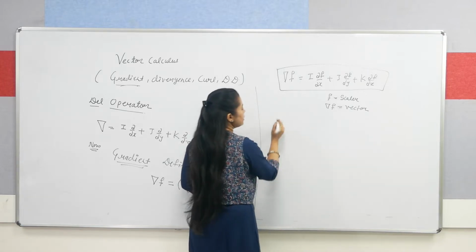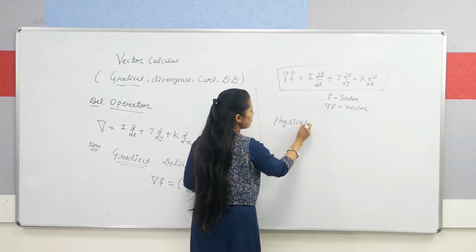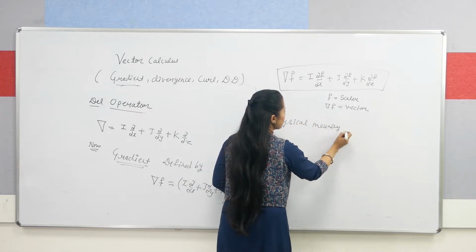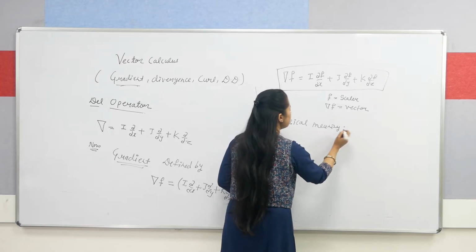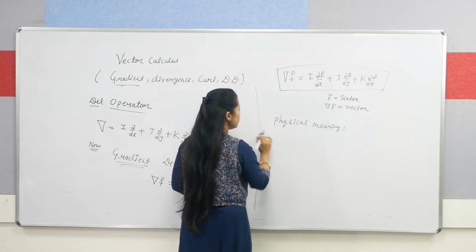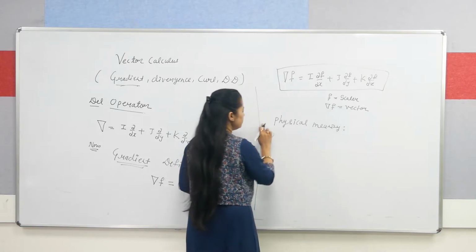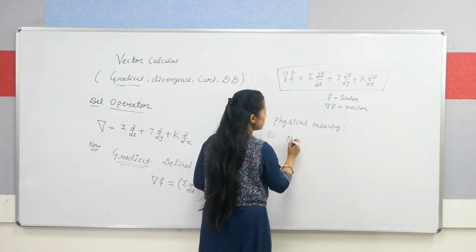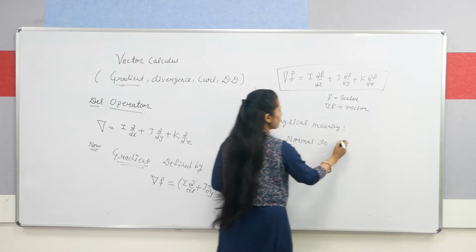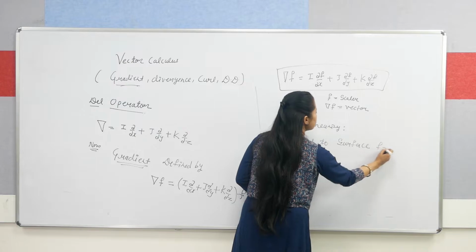Next, its physical meaning. Gradient has several physical meanings, so I am explaining some of them. First, it represents the normal to any surface f is equal to c.